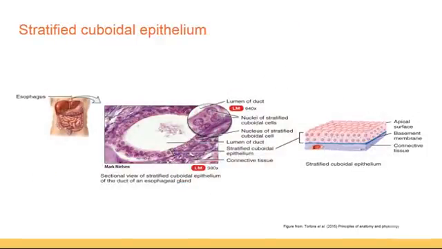We've got stratified cuboidal epithelium in the esophagus, and you can see again here these centrally located nuclei, and they're multiple layers. It's because when people chew their food they perhaps don't chew it as well as they should, and so the food in the back of your mouth, in association with your teeth and your hard and soft palate and your tongue, is balled up into what's called a bolus, and then the bolus is swallowed down the esophagus.